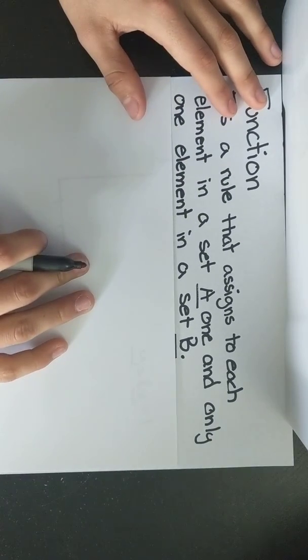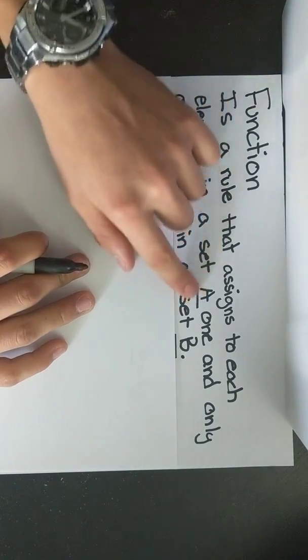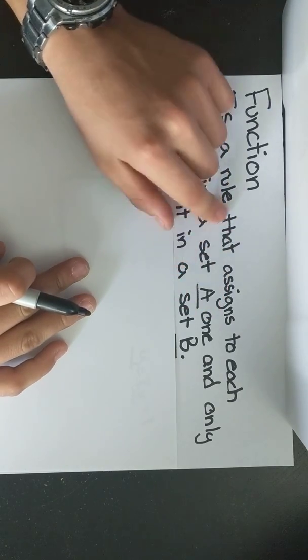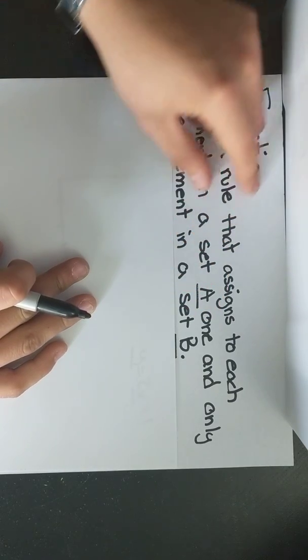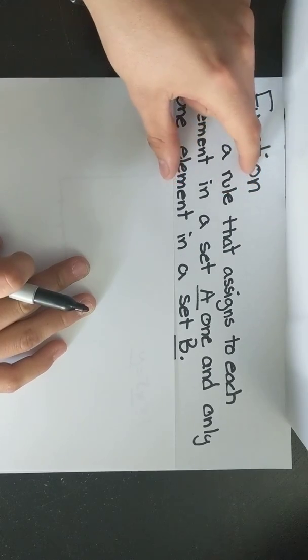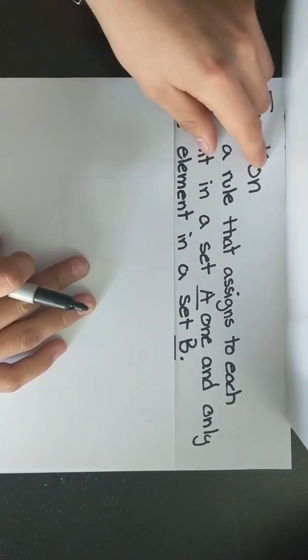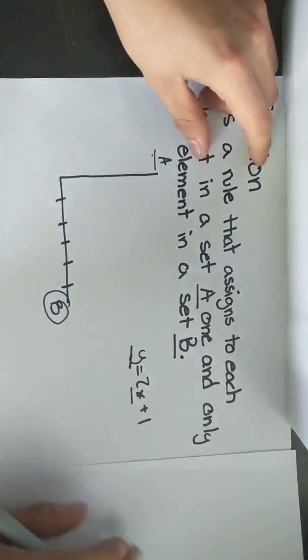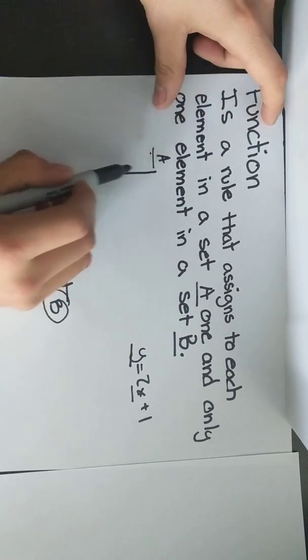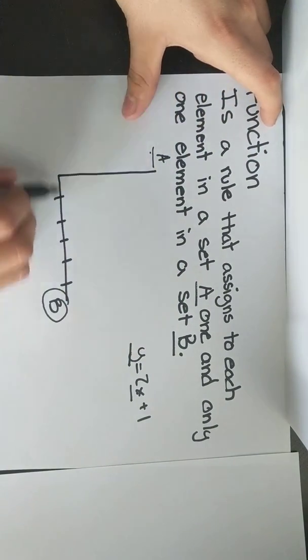To make this simple, this is a little bit hard to understand. It's pretty much straightforward, but I'm going to give you another example to make it easier. So here, this is our A axis, and B is our B axis.